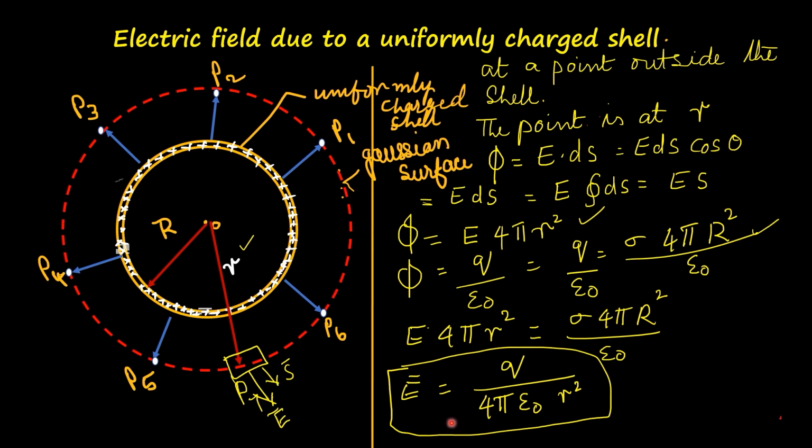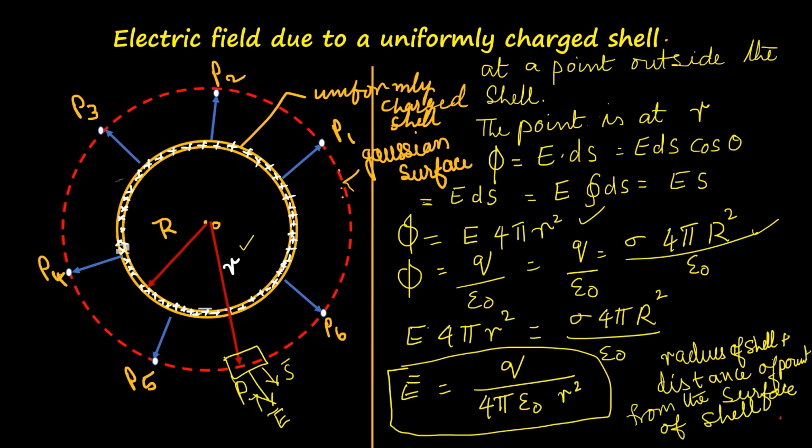Now let us recall the equation that we obtained for a plane sheet and then compare that with the equation that we derived just now. For the plane sheet, electric field is independent of the distance, whereas in this equation you find the distance small r, which is the radius of the shell plus the distance of the point from the surface of the shell, in the denominator.